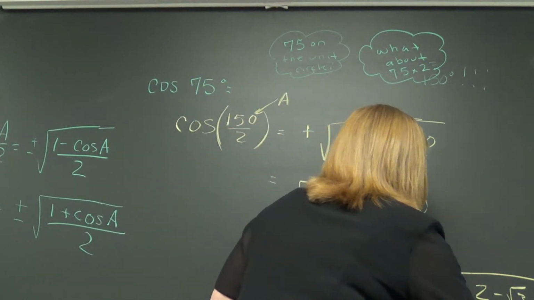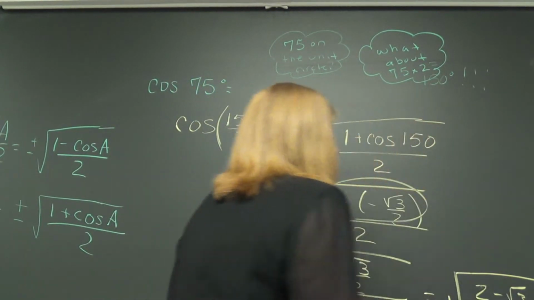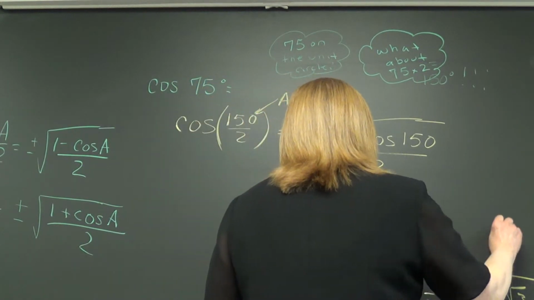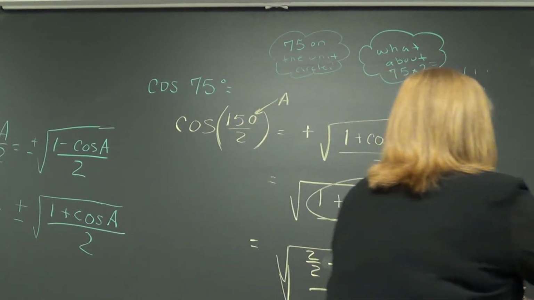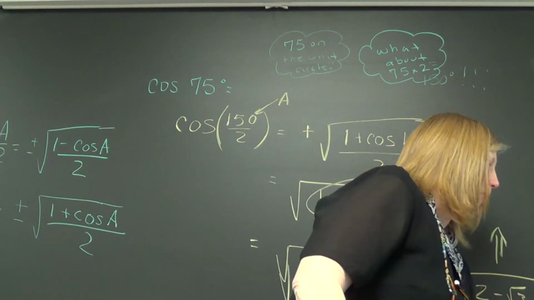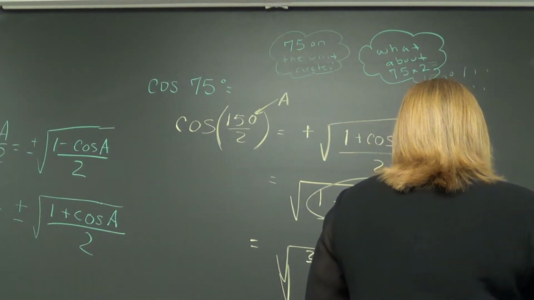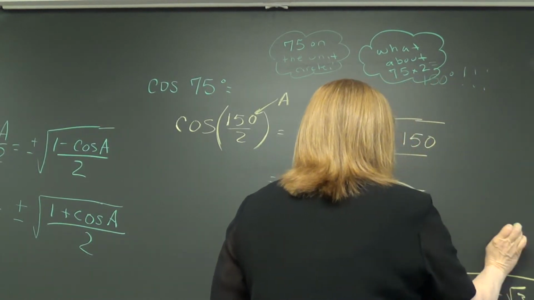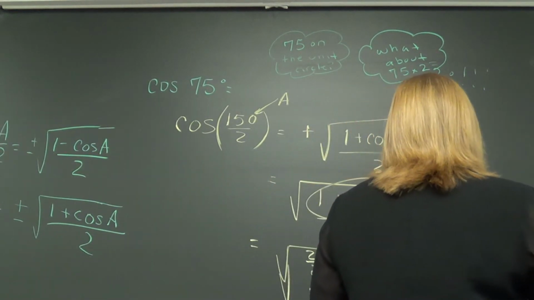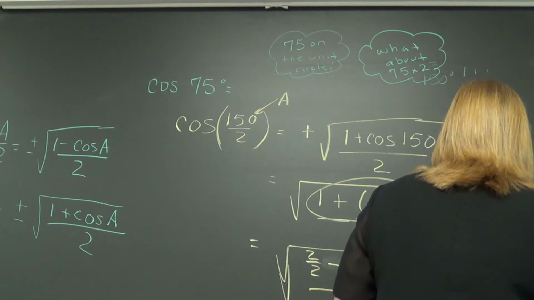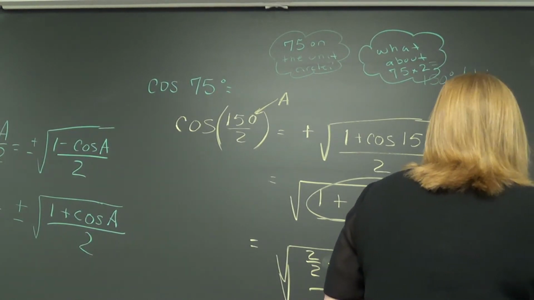So flip this up here, and we have 2 minus the square root of 3 over 4.